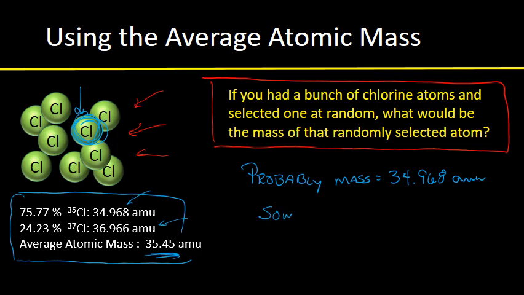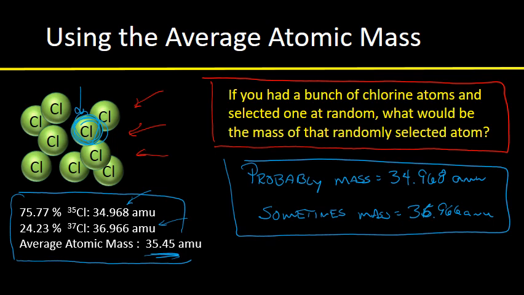About a quarter of the time, about 25%, we would end up selecting one with a mass of 36.966 AMU. So most of the time we'd get this mass, and sometimes we would get this mass.